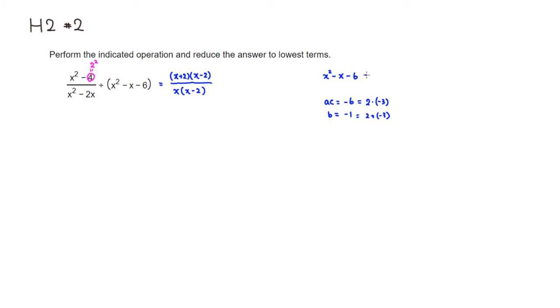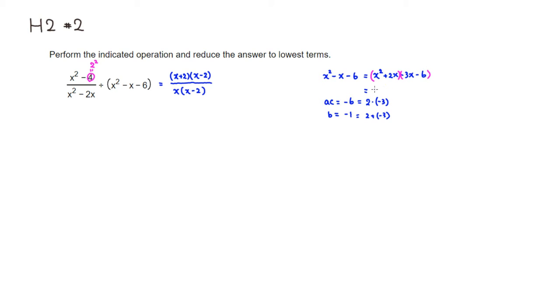So this can be rewritten as x squared as it is, and here we split negative 1 as 2 and negative 3. So we're going to have 2x minus 3x, minus 6. I'm going to group the first two together and the last two together, and try to pull out as much as possible.